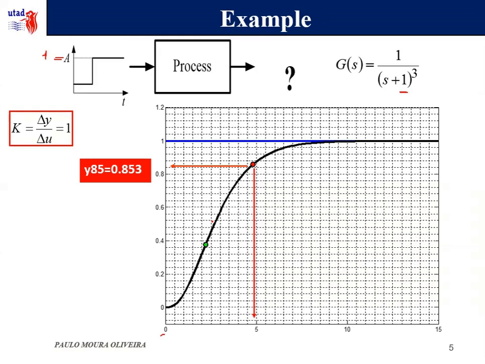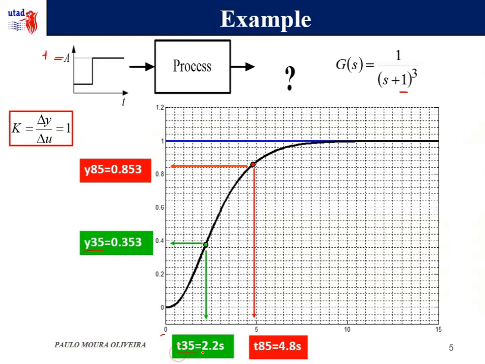For the first point, the time for 35% in this case is 2.2 seconds. The same for the second point, the T85, which is 4.8 seconds. The gain is evaluated as before, the delta of the output divided by the delta of the input, and in this case it is 1, because both the input and the output change by 1.